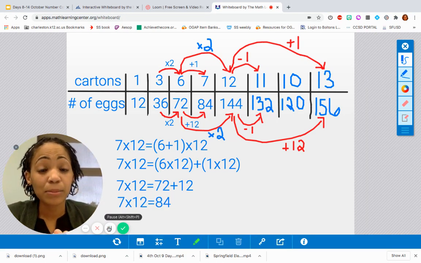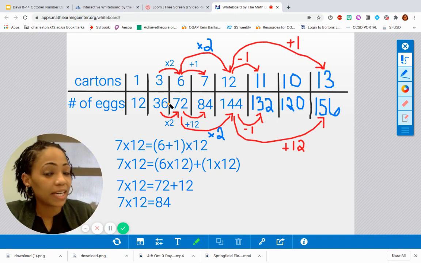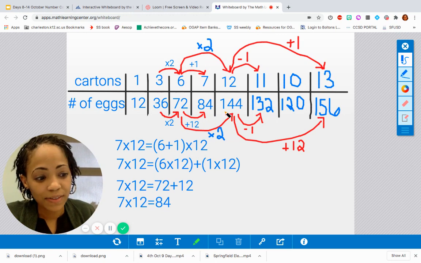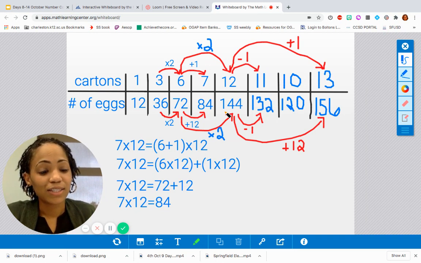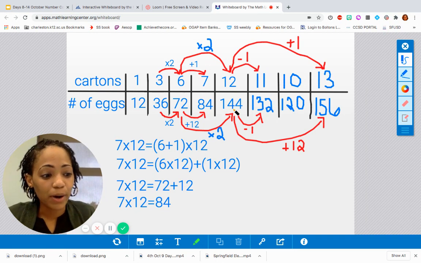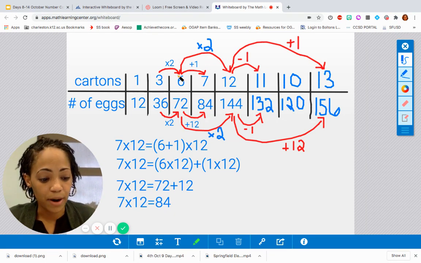That means we kept the number that we multiplied by the same each time. 1 times 12, 3 times 12, 6 times 12, 7 times 12. I think the ratio table is very interesting. Okay, so I know that we have to figure out the part that's missing, but we have some things in our toolbox to help us figure that part out.